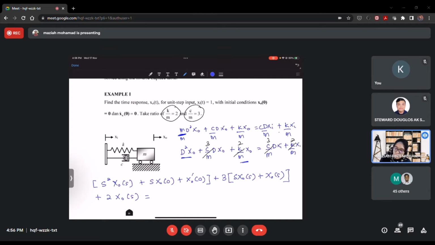Then equal to 3 multiplied with the first differentiation for the input, which is s xi s minus xi 0, plus 2 xi s.